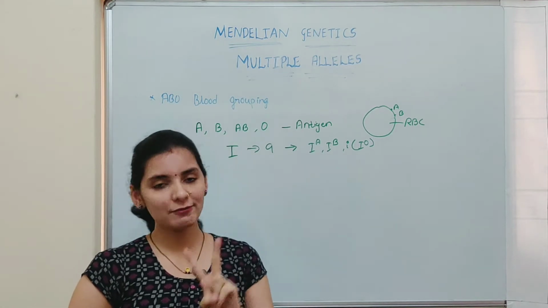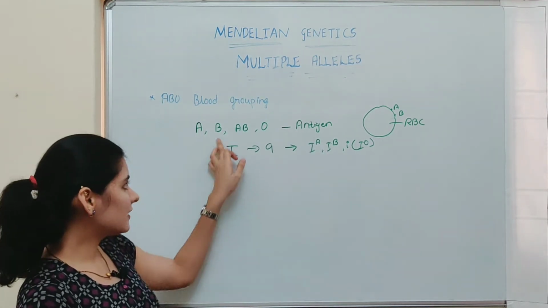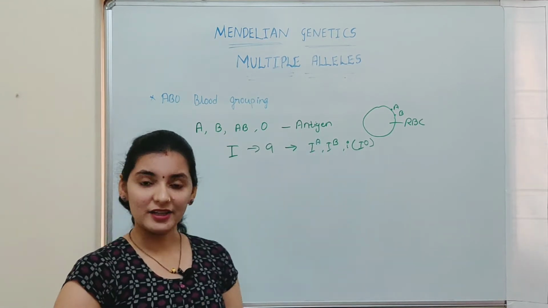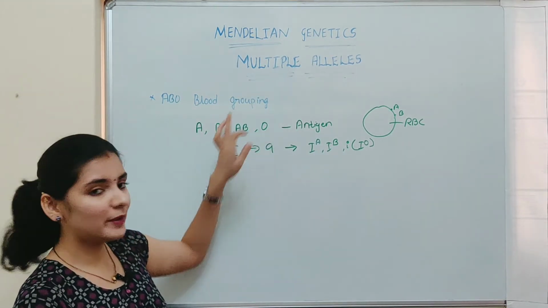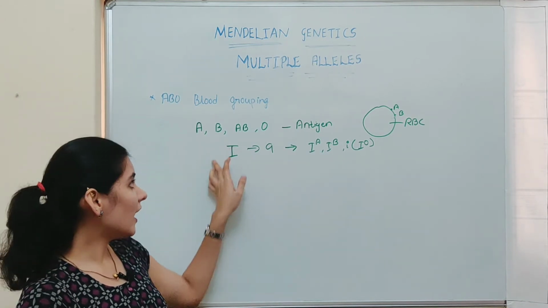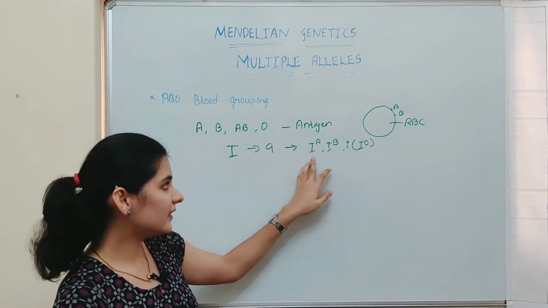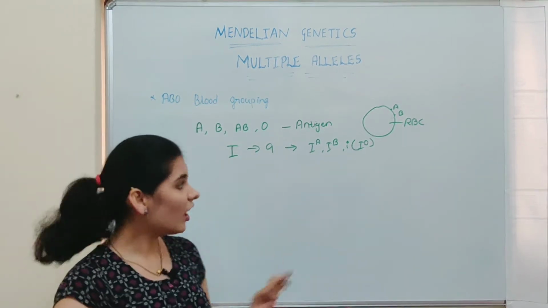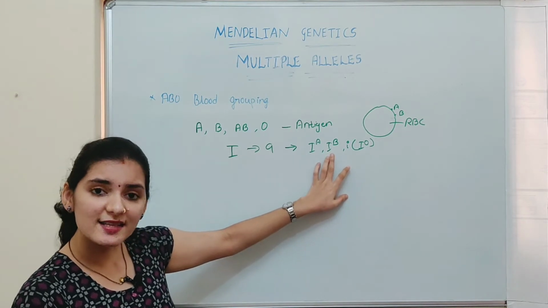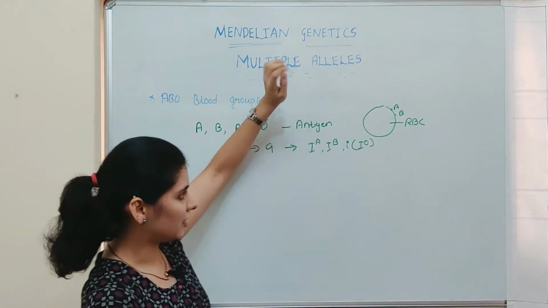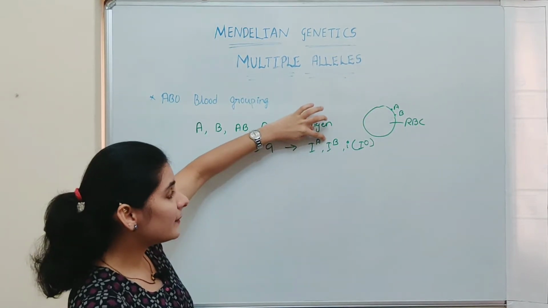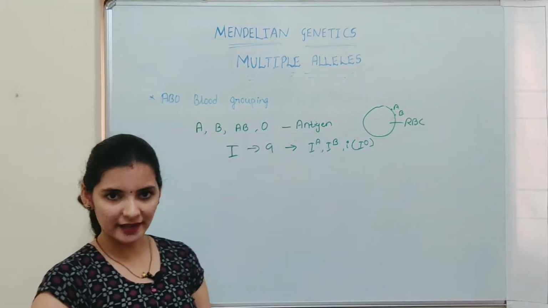Usually a gene will have two alleles, but in this case the gene I has three alleles, that is IA, IB and i. So that is why ABO blood grouping is considered as an example of multiple allelism. Out of these three alleles, IA and IB have the capacity to produce antigen. That is, the IA allele can produce A antigen and the IB allele can produce B antigen.